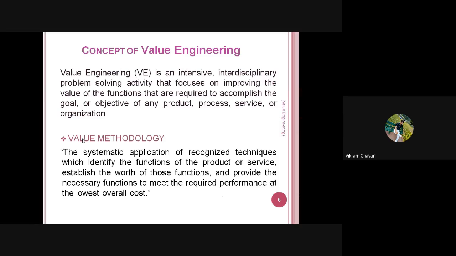Concept of value engineering. In that, write down value engineering. Value engineering in brackets, capital V, capital E. The short form for value engineering is VE, bracket complete.